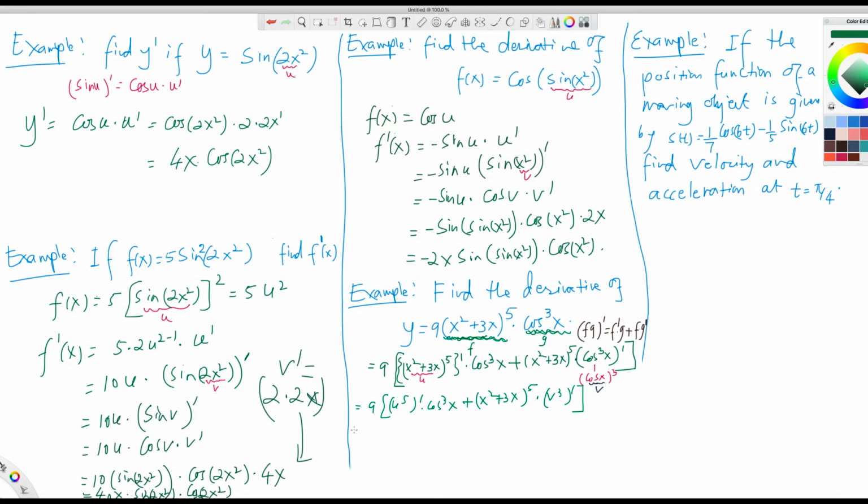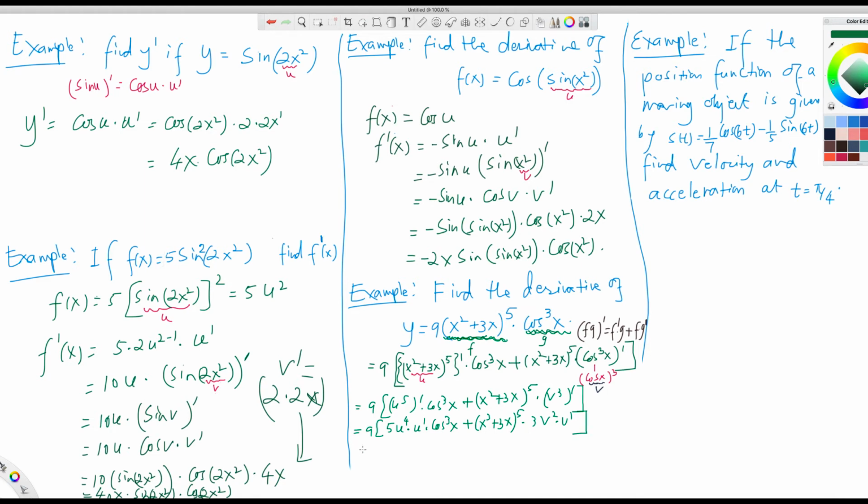So what is the derivative? 9. What is the derivative of u to the 5? It is 5 u to the 5 minus 1, which is 4, times u prime times cosine cube x, right? And then plus, just copy that, x squared plus 3x to the 5 times the derivative of v cubed, which is 3 v to the 3 minus 1, which is 2, times v prime, and there is a bracket outside.